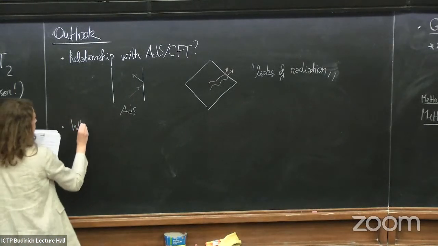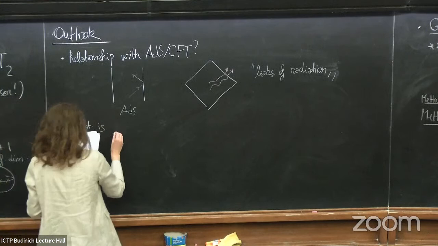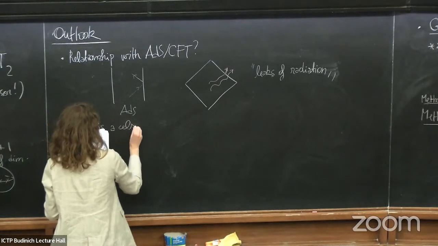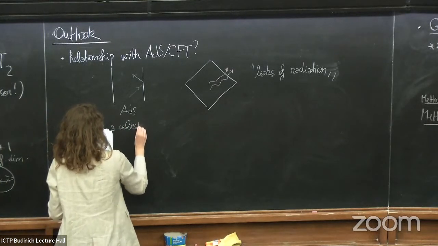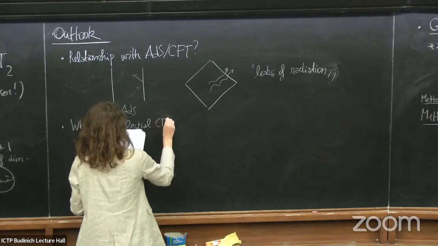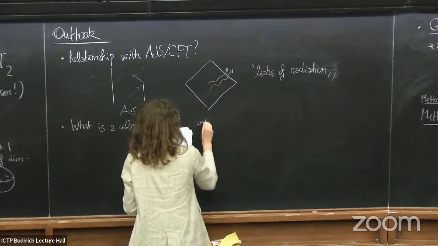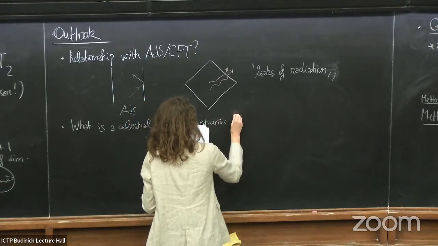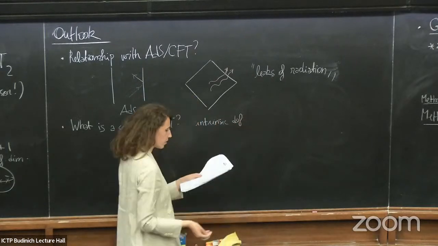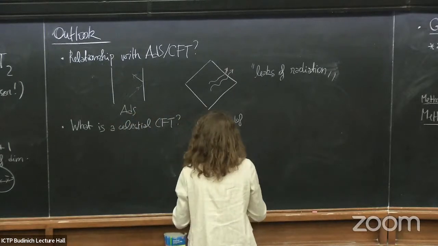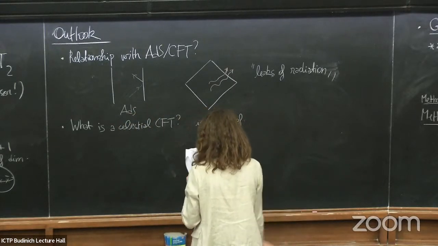The second point we already discussed, but this amounts to saying, what is a celestial CFT? Namely, can we come up with an intrinsic definition, rather than this bottom-up approach that most of the works have been following?